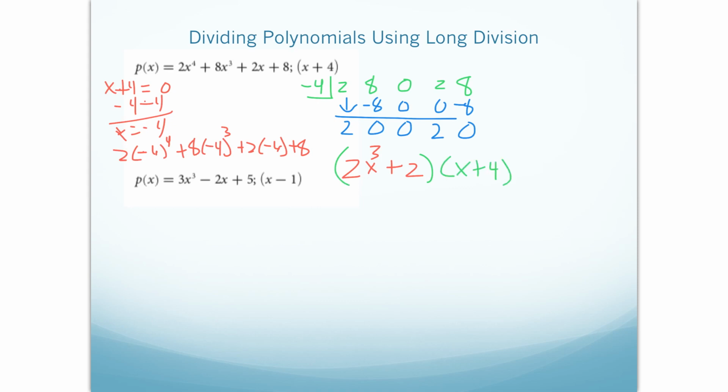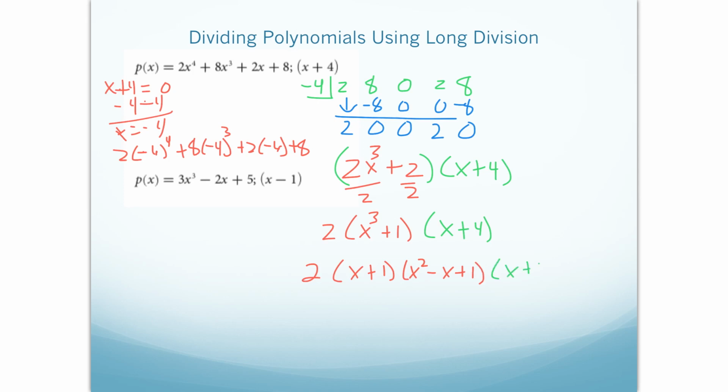So it looks like 2x to the 3rd plus 2 is not factorable, but if we factor a 2 out of both terms, we have 2 times x to the 3rd plus 1. That's the sum of cubes, times x plus 4. 2 times the sum of cubes, it's going to be x plus 1, times x squared minus x plus 1, times x plus 4.